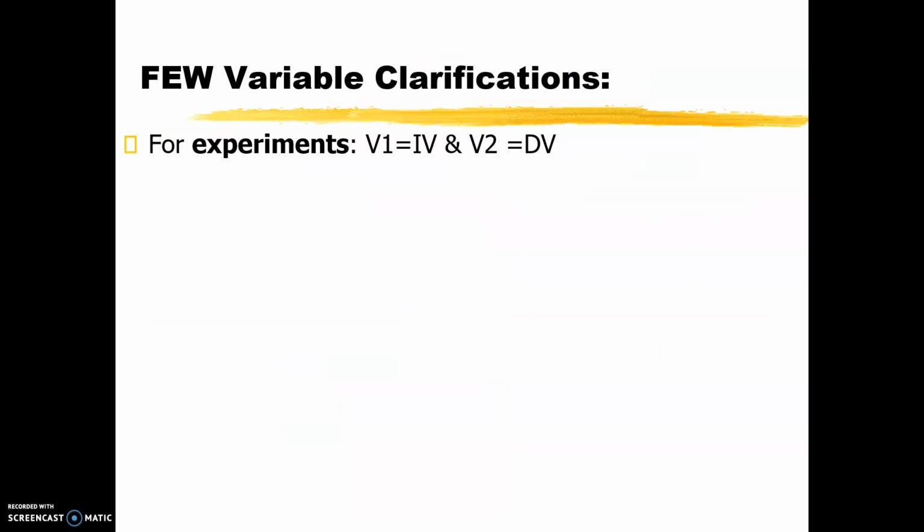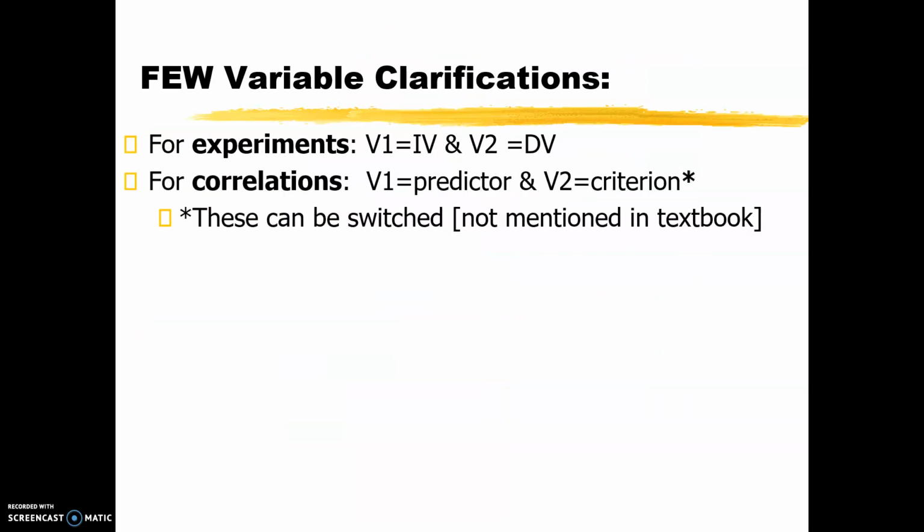And then finally, just a few clarifications. When we do experiments versus correlations, we're still going to always talk about independent and dependent variables, even though technically with correlational studies, since we can't prove cause and effect, we would actually call them a predictor and a criterion, and those 2 variables can be switched around.